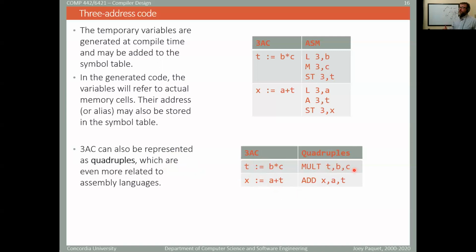It's called quadruples because there's an operator and then there are 3 operands. So you see that it's very much resembling three-address code, and it also looks more like assembly code. So quadruples is kind of in between in terms of abstract representation. It's in between three-address code and assembly code.